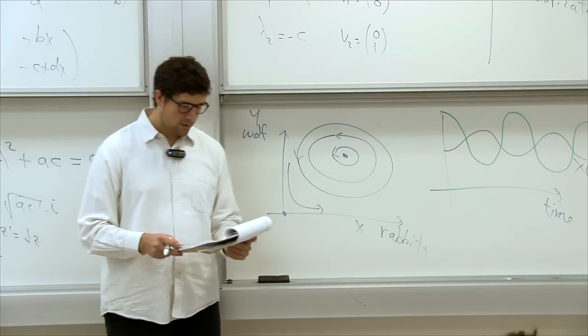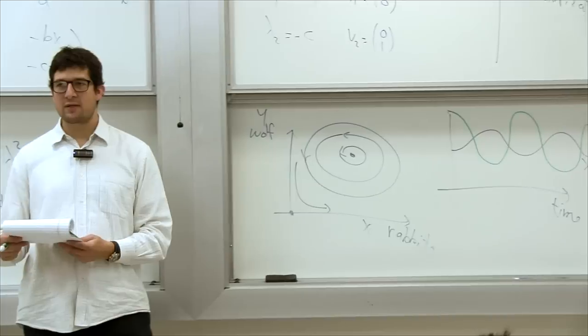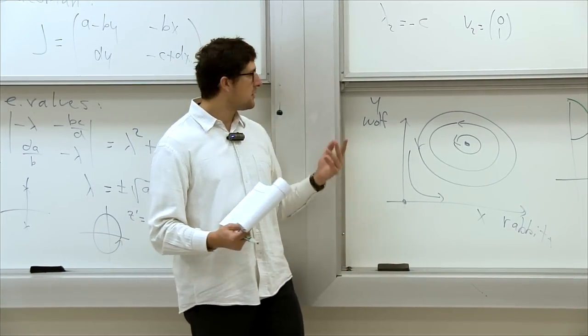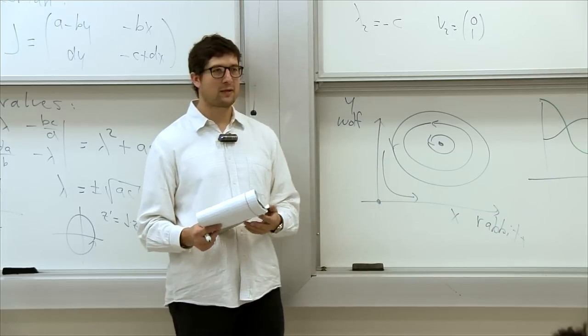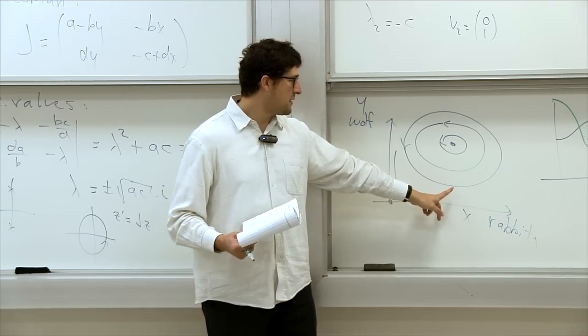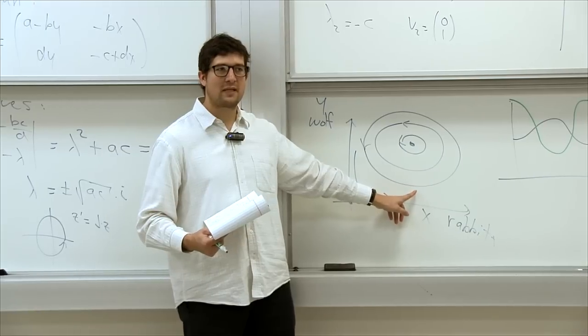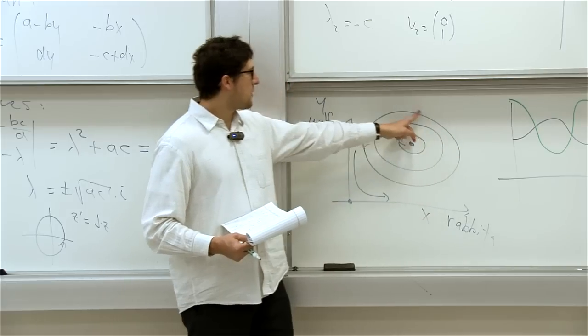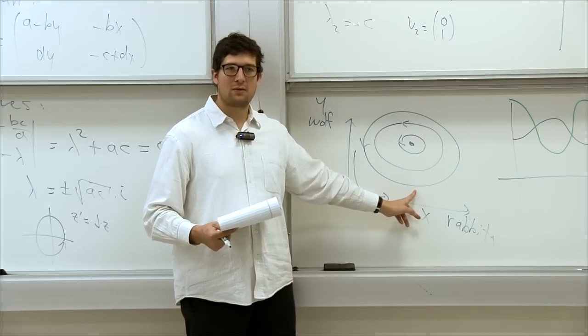Okay, so now let me tell you my criticism of this model. I think this model is too cute. Things don't work like that in practice. What I don't like about the system in particular is this idea that the dynamics stays in the same orbit. If you start here, you start running around and you end up in there as well.